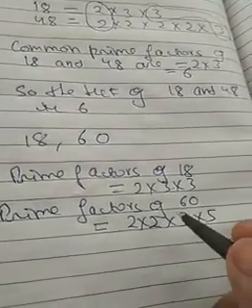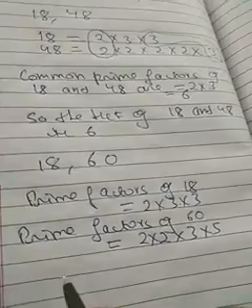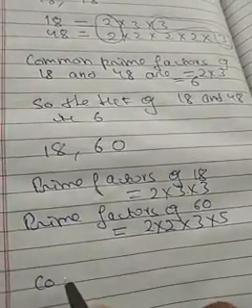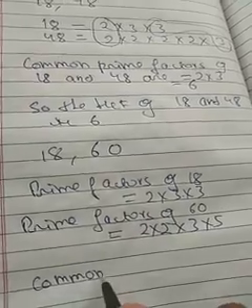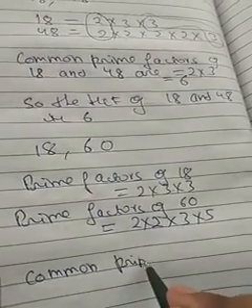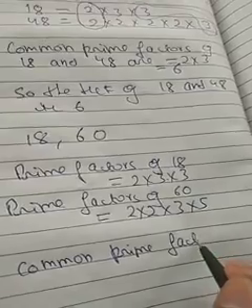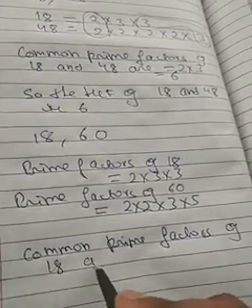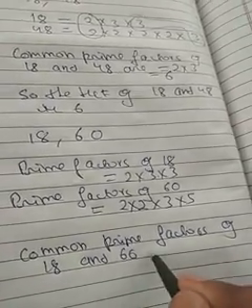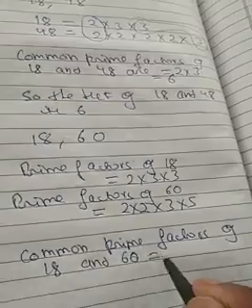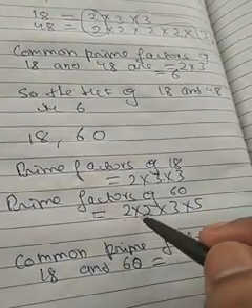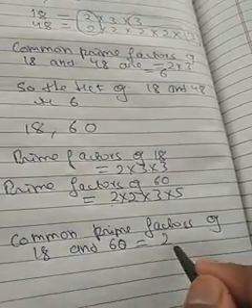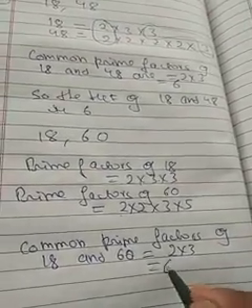And now here the common prime factors of 18 and 60 are 2 and 3, which is equal to 6.